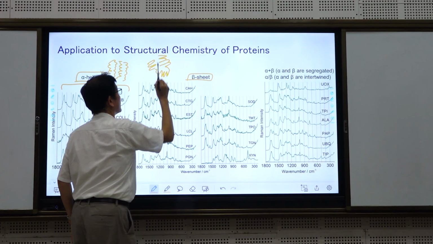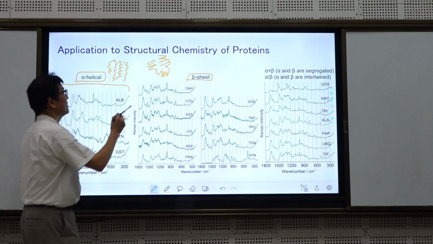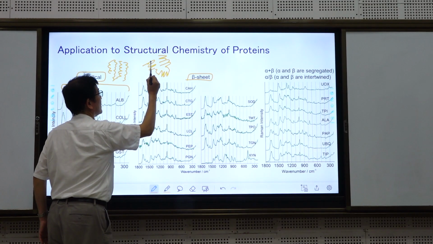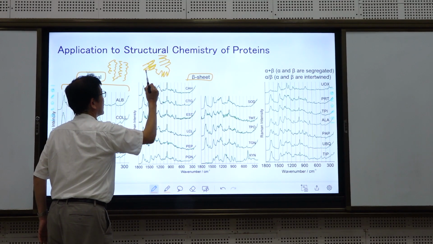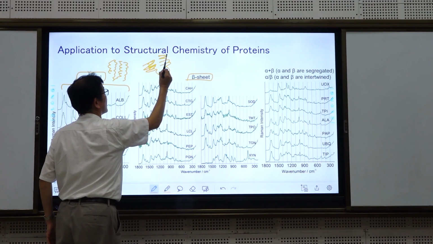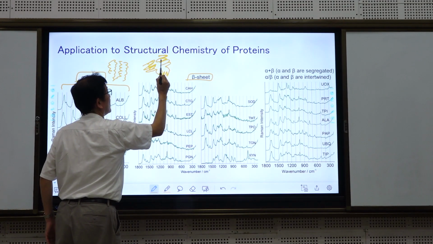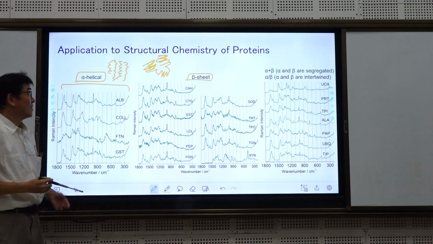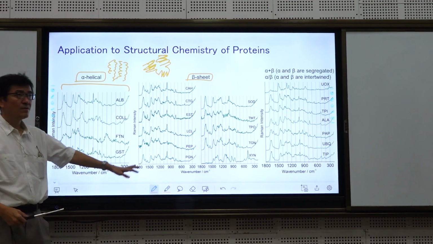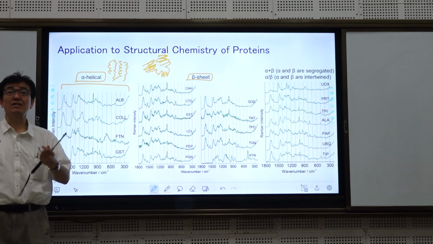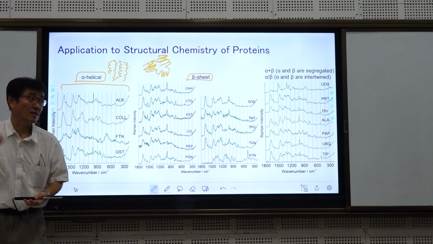This is not correct, but please understand this is the beta sheet, not the helix. So there is a group of proteins that contains a large amount of beta sheet.